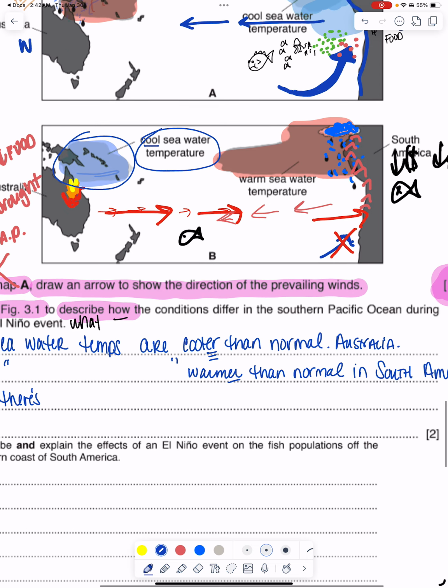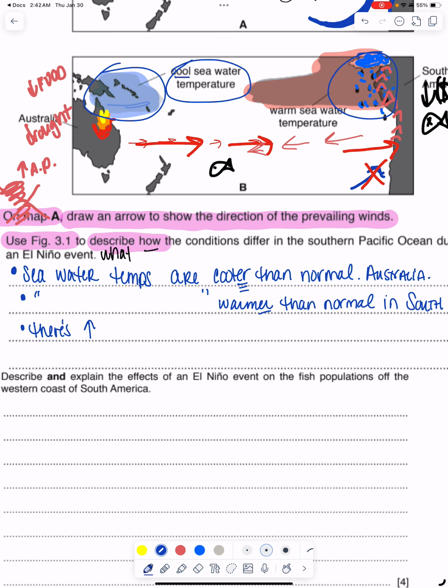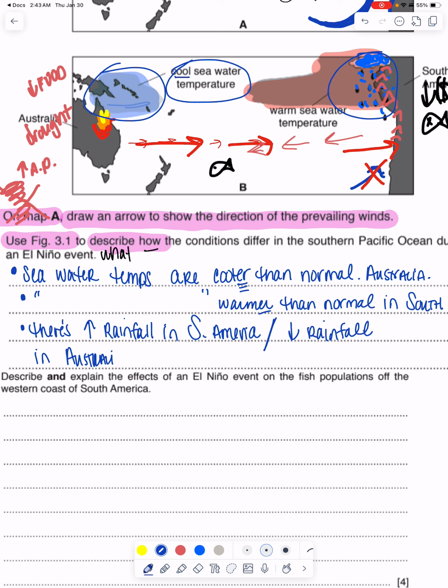The other thing in the picture is the precipitation. There's increased or higher rainfall in South America. Or you could say there is lower or less rainfall in Australia. This is within the same marks, so you don't get 2 marks for saying this in verse.